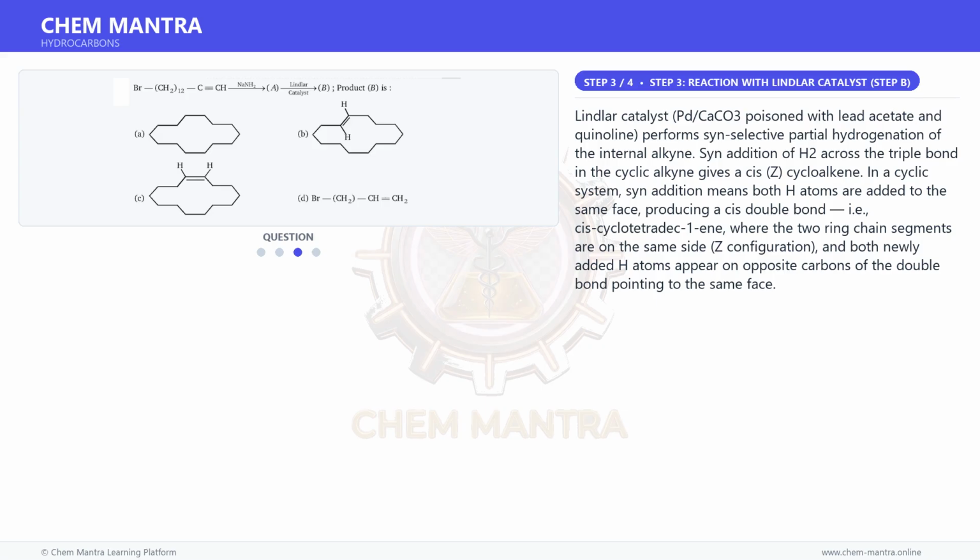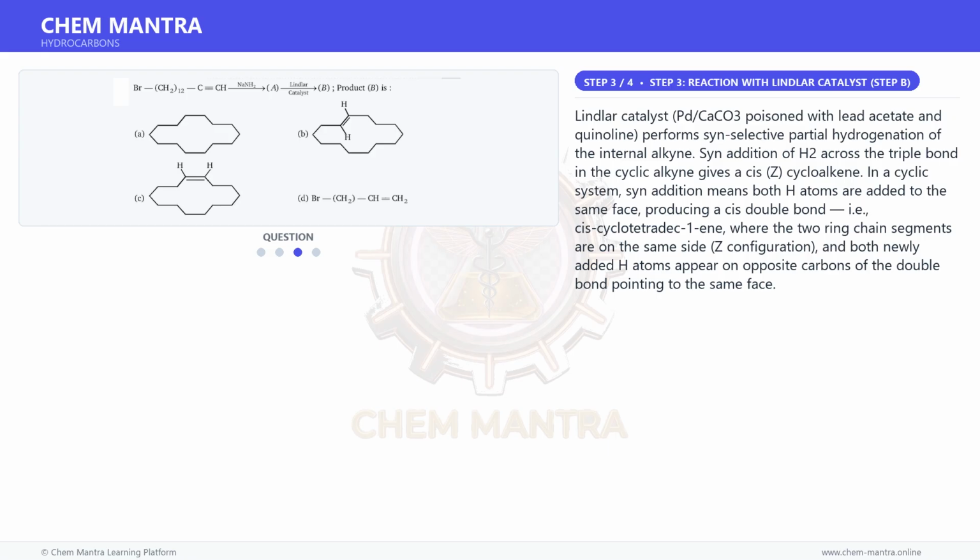Moving on to the next step. Lindlar catalyst, Pd/CaCO3 poisoned with lead acetate and quinoline, performs syn-selective partial hydrogenation of the internal alkyne. Syn addition of H2 across the triple bond in the cyclic alkyne gives a cis (Z) cycloalkene.